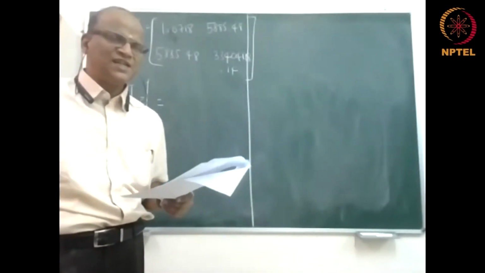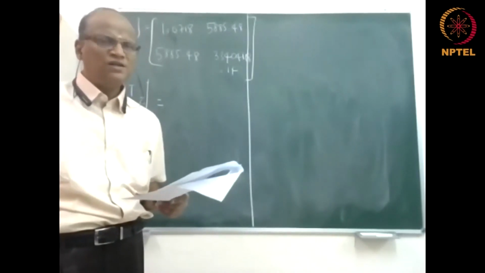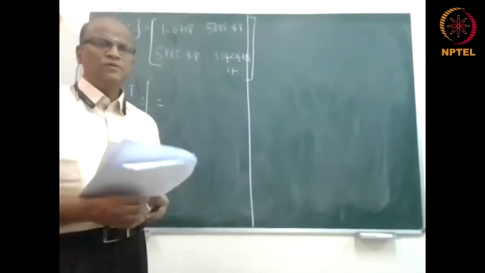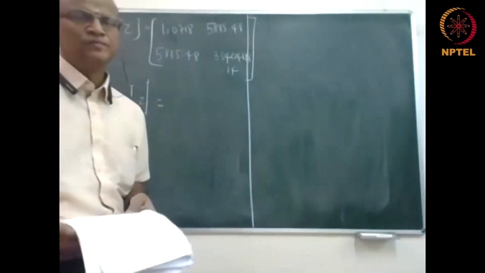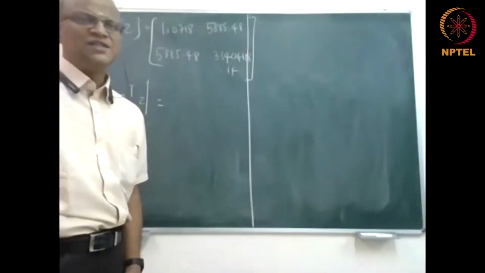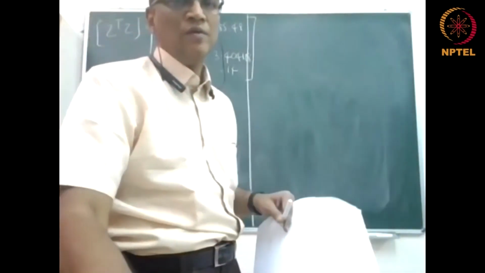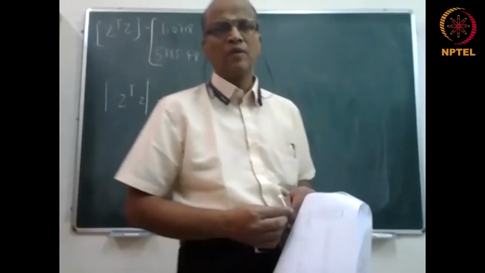Okay, Z transpose Z. Is this correct? Anybody got it? Yes, sir. Okay, Pradeep Rajan. I'm calculating, I got this same matrix of Z transpose Z. Now I'm calculating the determinant.